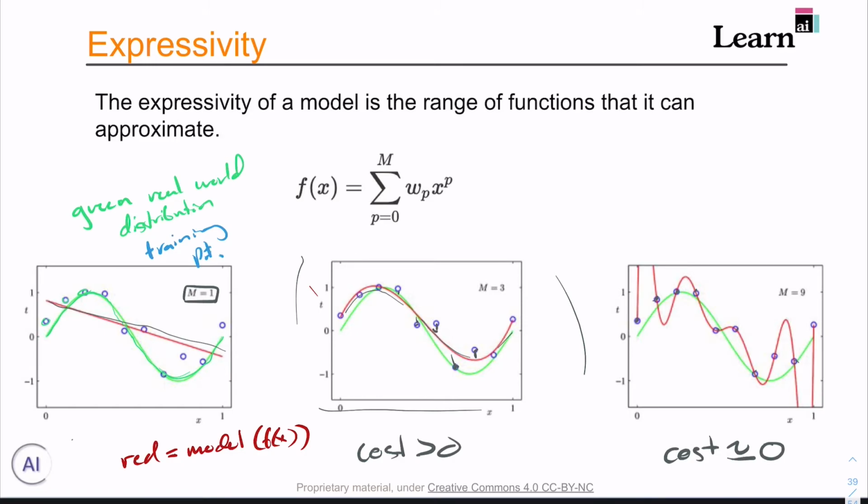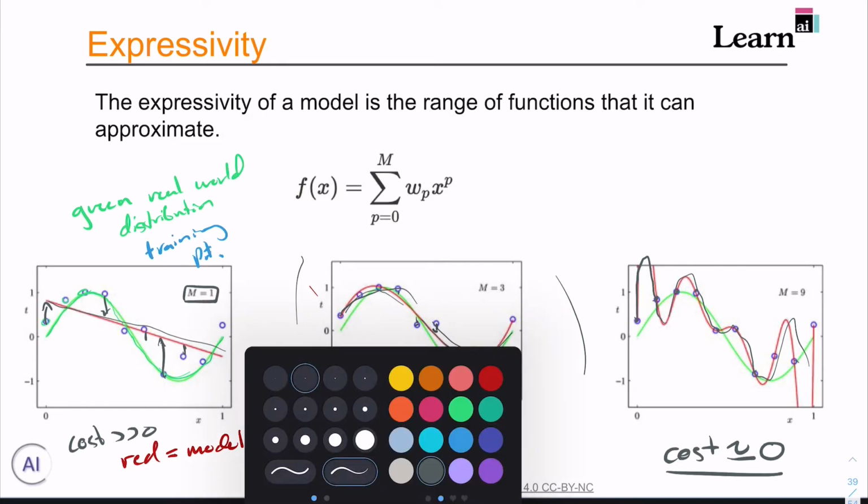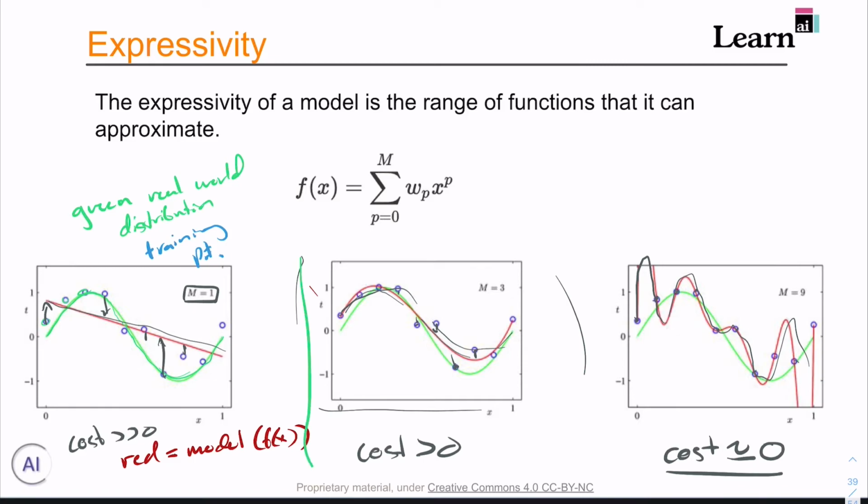And then the cost for m1 is much greater than 0 because this is not a good fit. Key point here, though, is just because this cost is lower does not mean it's a better model, because this red line is much more different from the green line than this red line, this M3, is. M3 is a better choice here, but why? How do we quantify that? What about M3 is better?